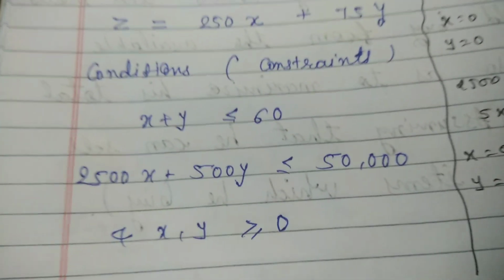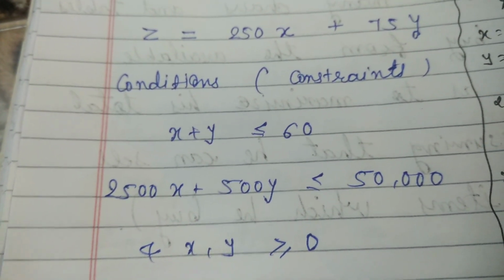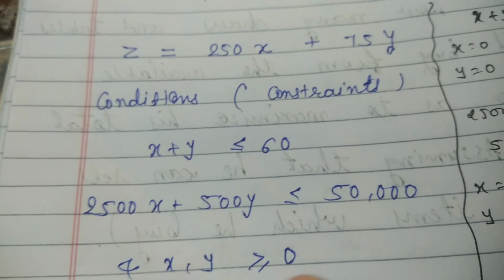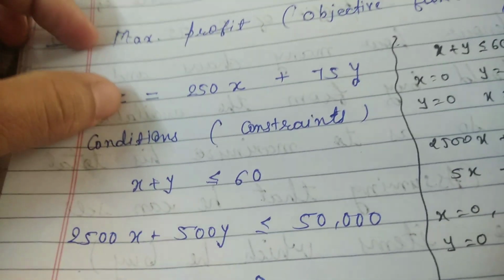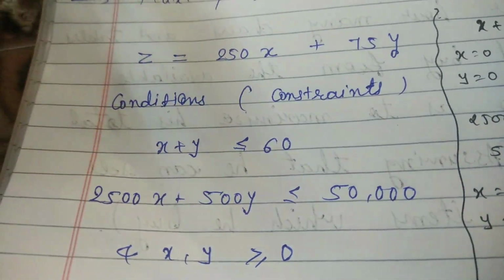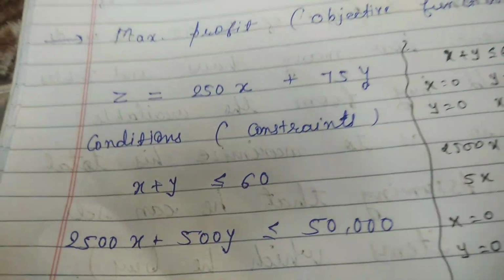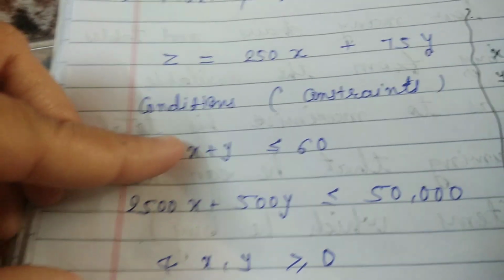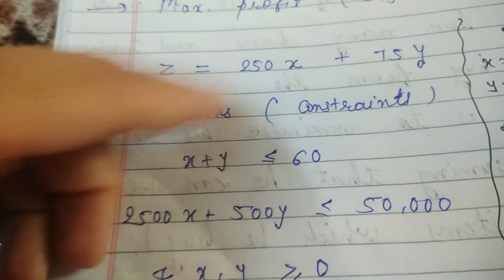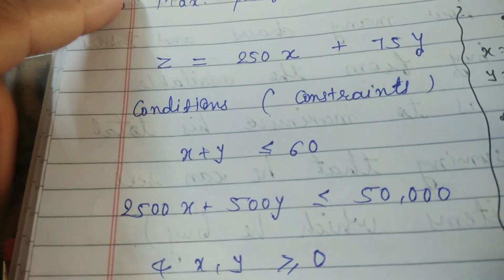And as X and Y represent the number of tables and chairs, they must be greater than or equal to 0. This is the condition we have. This is the optimization function or a maximum function. So students, whenever a question involves a maximize function and some conditions on the variables, it is known as a linear programming problem.